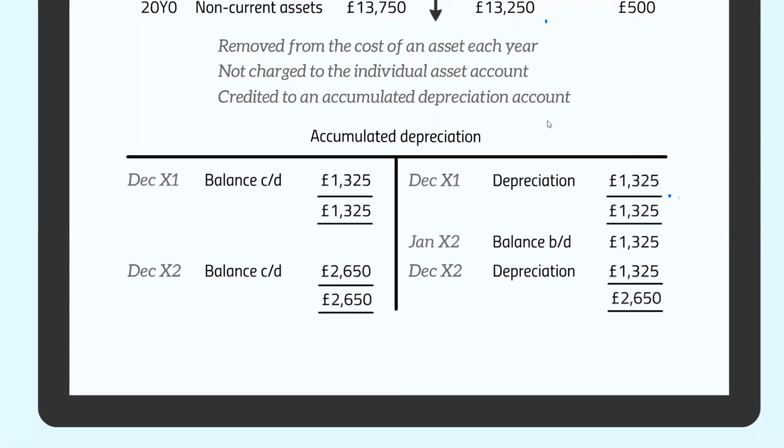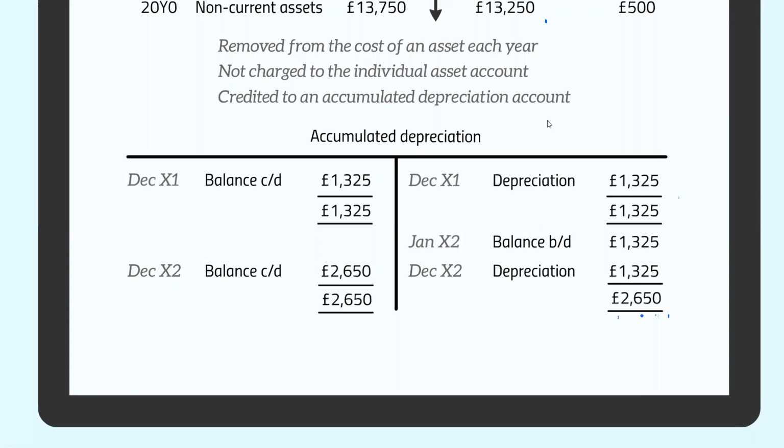And then we build up this account as we've seen over the asset's useful life. So in year 2, we would credit this again with a further £1,325 depreciation. And this would give us accumulated depreciation at the end of the X2 financial year of £2,650.